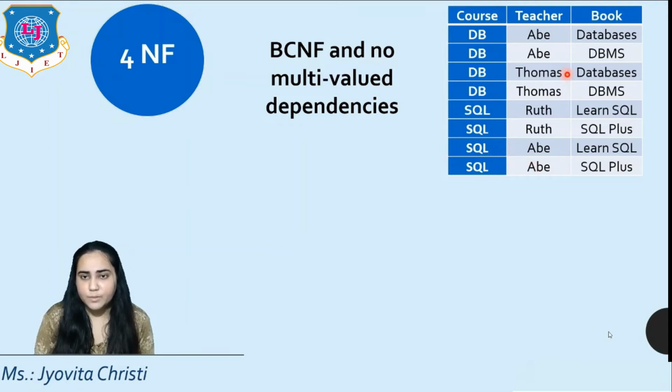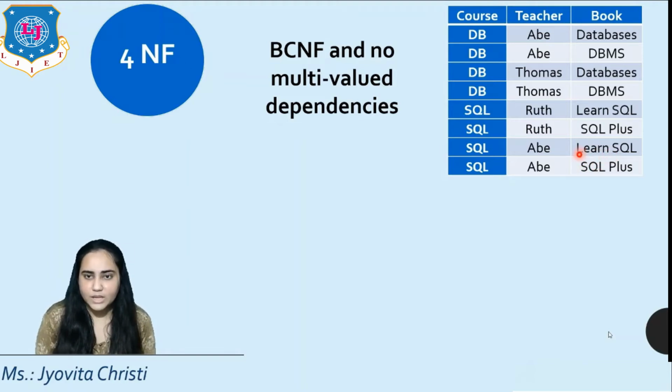And then there are some books mentioned. So if you notice, then for DB, there are two books, databases and DBMS, which are repeating. And for SQL, there are two books, which are Learn SQL and SQL Plus. So this is the table given to you for the 4NF.